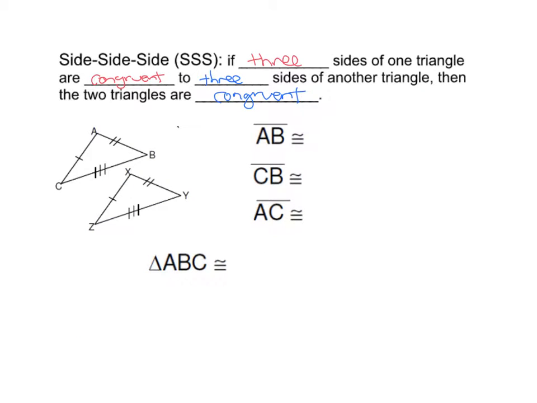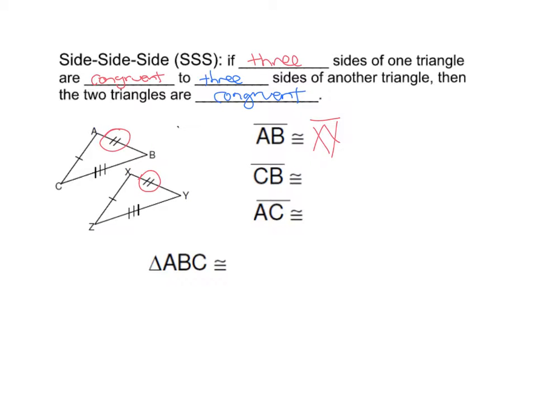Side, side, side. If three sides of one triangle are congruent to three sides of another triangle, then those two triangles are congruent. As you can see here, it's very important to make note of our different markings. Line segment AB is congruent to line segment XY, and I know this because they're marked the exact same way. It's kind of the dead giveaway.